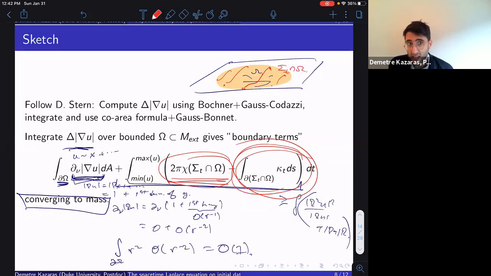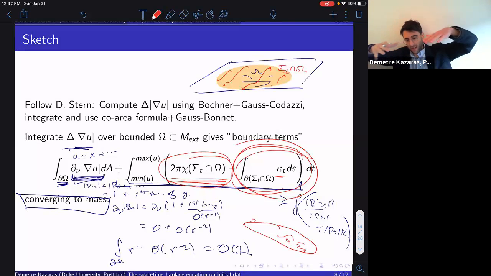Because for each t, the integral of the... so here's a little picture of what sigma t would look like. Sigma t, as you go very far away into the asymptotic region, will look very much like a plane, because the function is approaching the coordinate function x, and level sets of a coordinate function are planes.